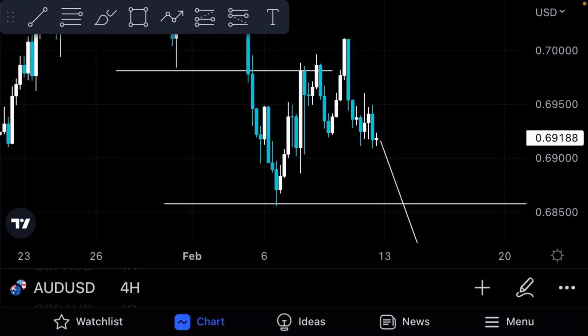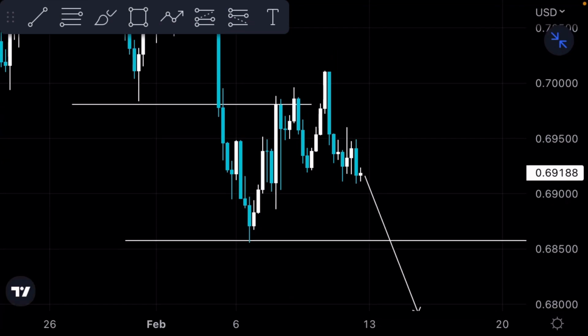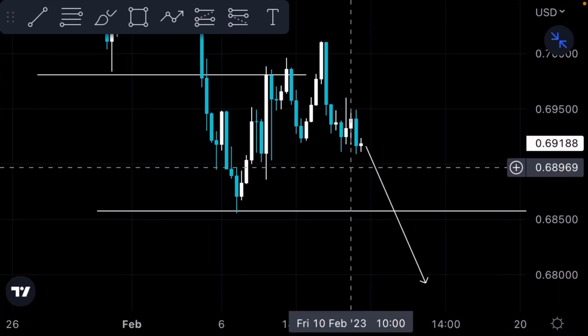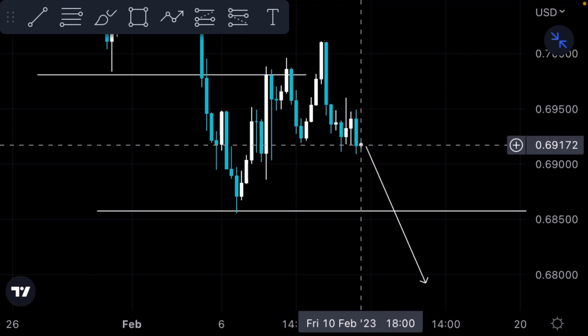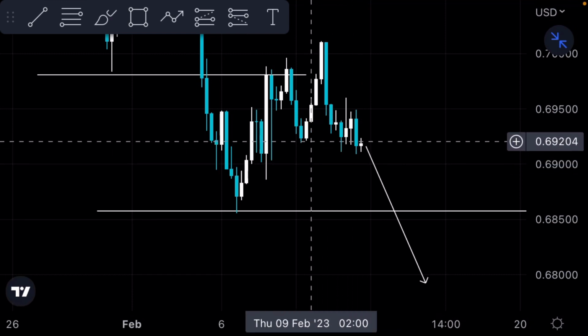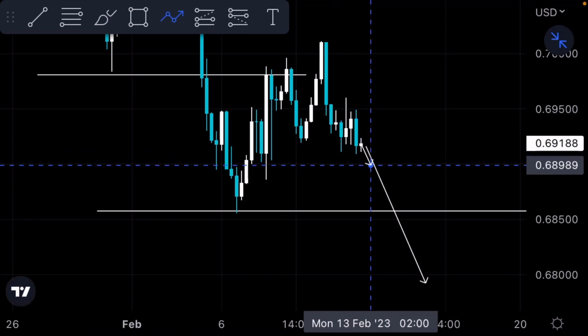But since it's not actually correlating with GBP AUD, the best thing is to focus on the higher time frame and look at what's going to happen on Monday. Monday will determine our direction. So clearly you can see signs of weakness here.